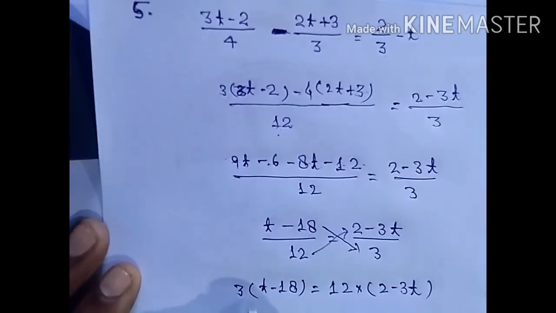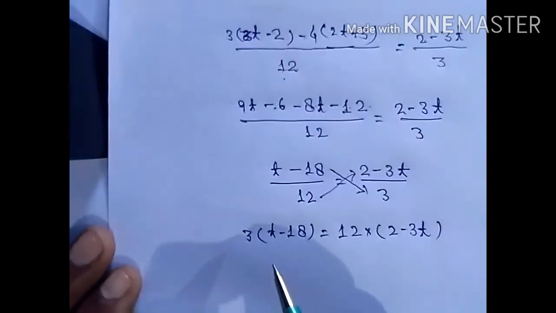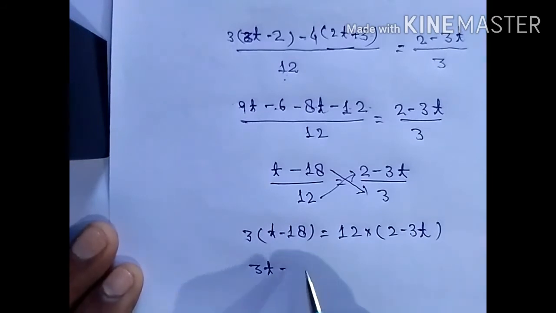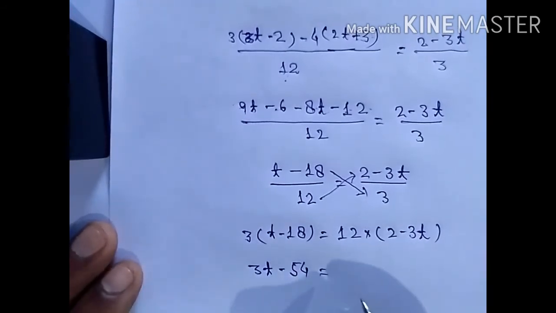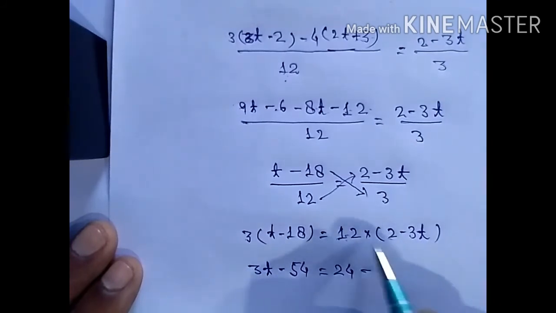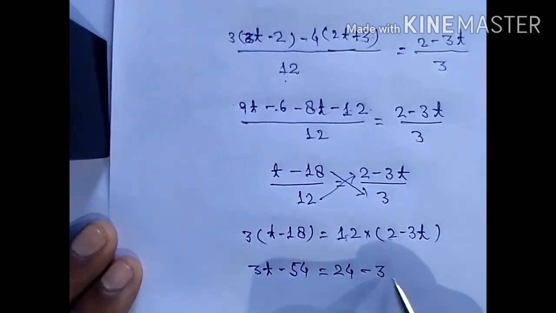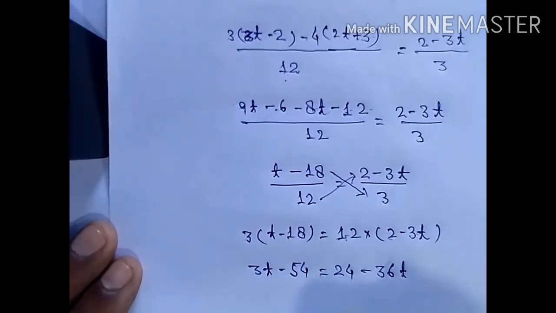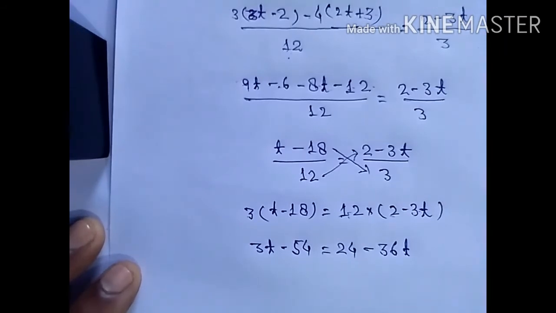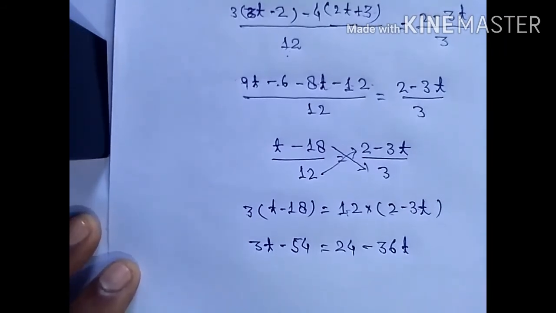Now multiply this by 3, so it will be 3t minus 18 times 3 is 54, is equal to 12 times 2 is 24, and this one minus 12 times 3 is 36t.